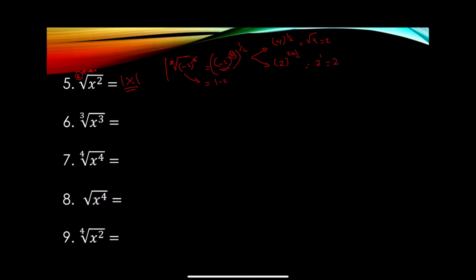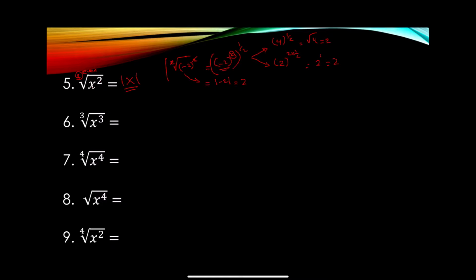It's the absolute value of negative 2, and the absolute value of negative 2 is equal to 2. So in order to guarantee that the answer is defined, you should put an absolute value, only in case of dealing with even degrees of the roots.